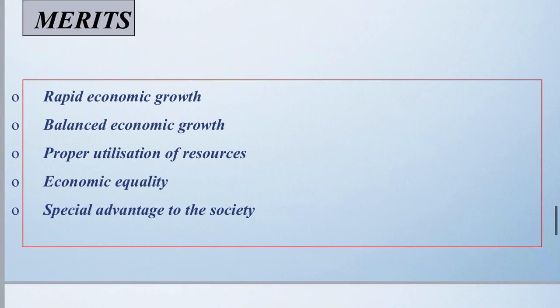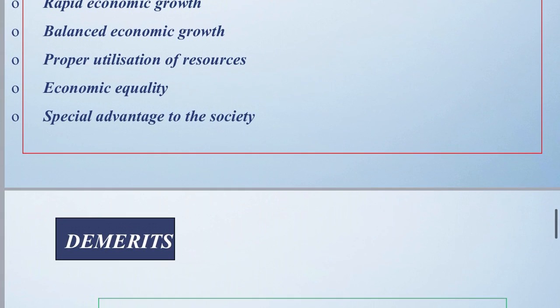So if they are hiring a laborer, they have to see that they give the minimum wages given by the government. Then we have rationing. We have ration shops, public distribution system through which the needs of the poor people are taken care of. So special advantage is given to the weaker section of the society. These are the merits of mixedism.